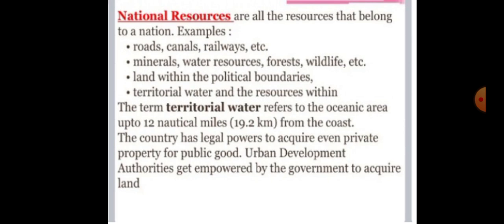The new book also says 22 kilometers. The country has legal power, that is, we have the law sanctioning the authority to acquire even private property for public goods. Urban development authorities get empowered by the government to acquire the land.